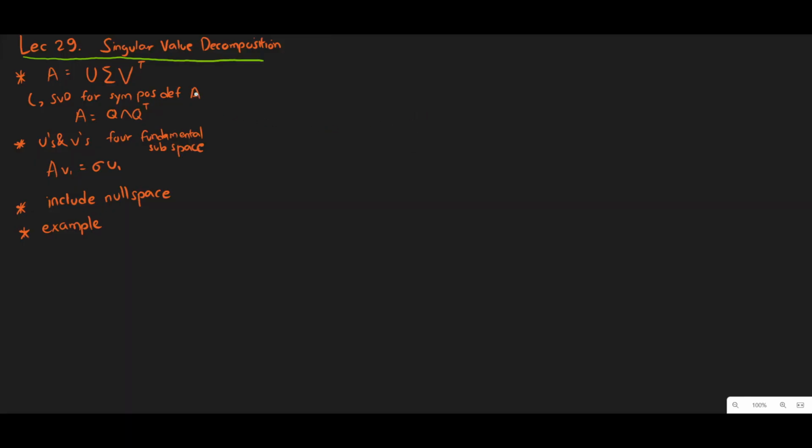So straight away, I will first introduce you to the main idea that will be introduced in this chapter. The main idea is factorizing A into this form, U, sigma, and V transpose. And here we're factoring A into some orthogonal matrix, a diagonal matrix, and another orthogonal matrix.